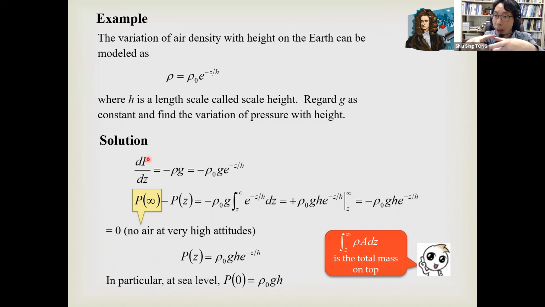You imagine you have a cylinder of air, of area A, extending from z up to infinity. Then PA will be the pressure at the base, right? The pressure pushing on the cylinder of gas from the base, okay?